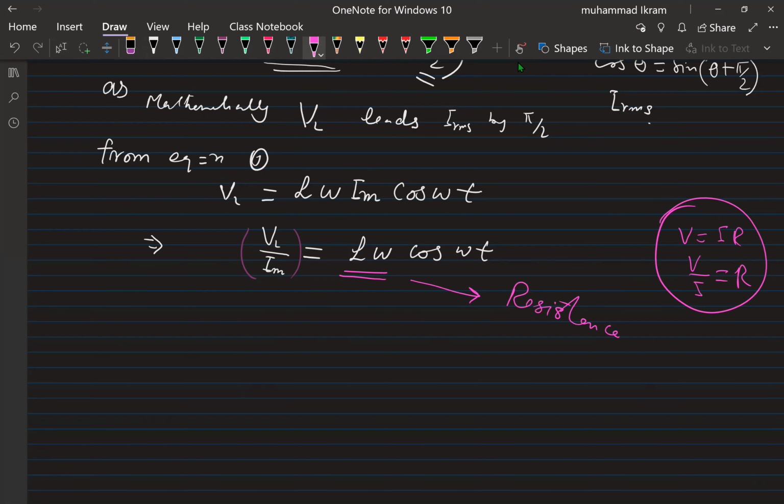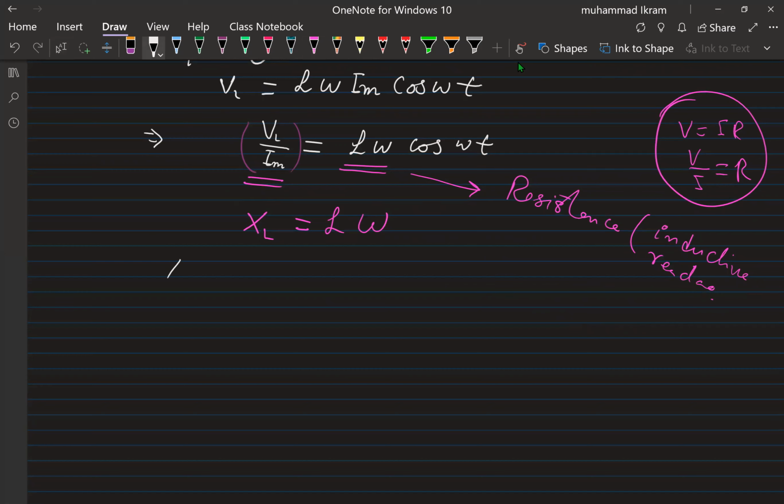And what is that resistance? We call it inductive reactance. The inductive reactance will be denoted by XL, and it will be equal to L omega, right? Now, what does this mean? The resistance that is offered to the flow of current by the inductor is of this value.